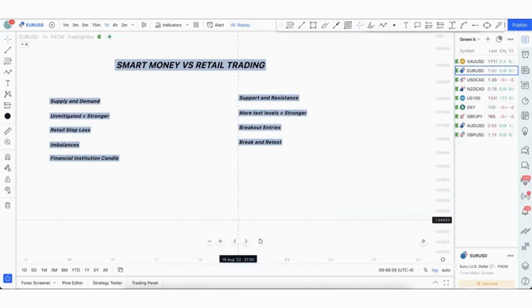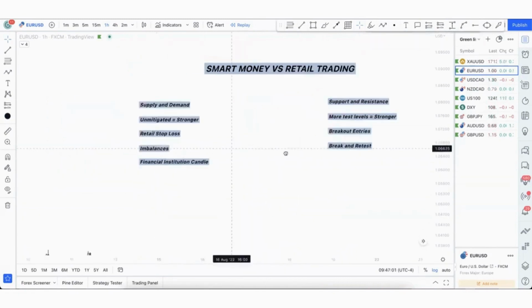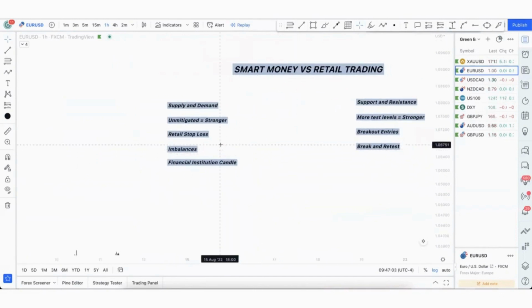So let's go to smart money trading. The basic of smart money trading is supply and demand, and it's stronger when it is not mitigated. There's a zone where we're looking for a significant move to the downside or to the upside.